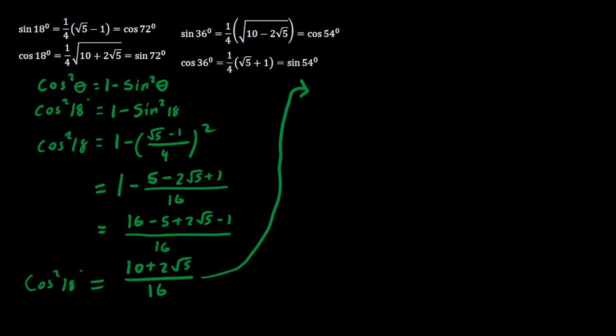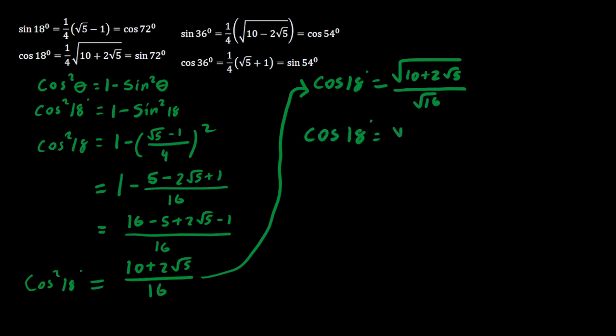So we can say that cos 18 is equal to square root 10 plus 2 root 5 divided by square root of 16. And we can simplify that into cos 18 equals square root 10 plus 2 root 5 divided by 4.